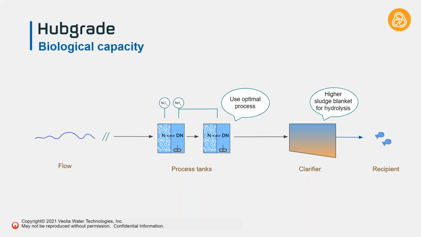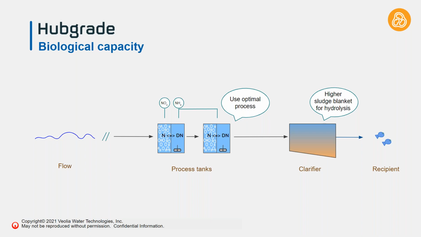But it isn't always necessary to have additional hydraulic capacity. We can also look at biological capacity. So, process intensification. I know that I need to meet more stringent effluent requirements, or I'm having trouble handling the extra load coming in from a nearby industrial site that has just been linked to the network. Could be a million reasons.